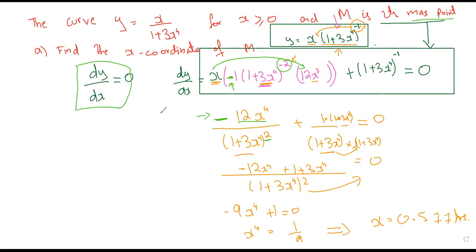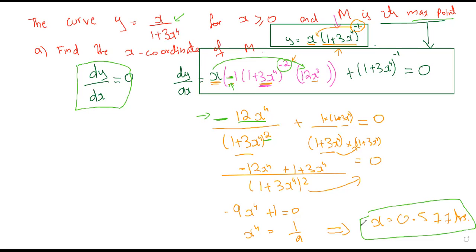And whenever you have dy by dx equals 0, obviously you have to differentiate the curve y. So you have to do it using either the product rule or the quotient rule, or it would be a simple differentiation. And once you have done that, simplify it carefully and find the value of x. So this is the x we got.